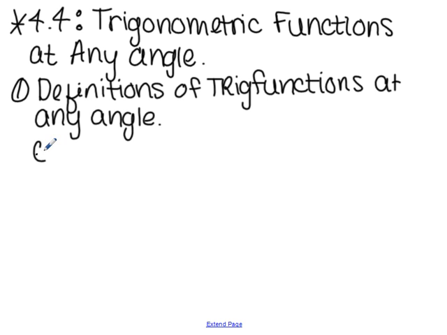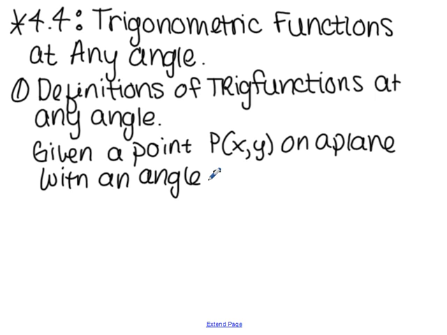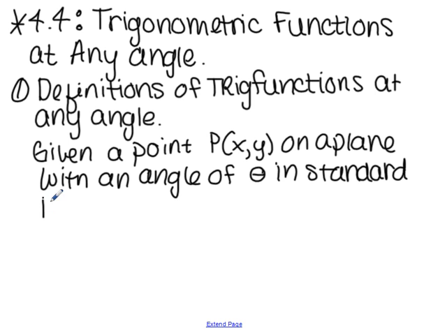So given a point on a plane with an angle of theta in standard position, we have the length of a radius, r, which can be found using the Pythagorean theorem.